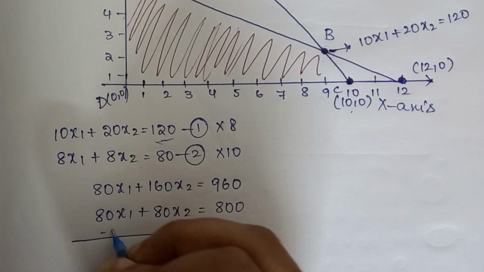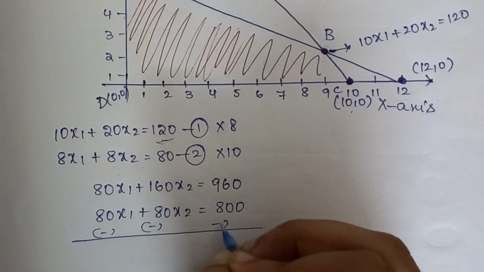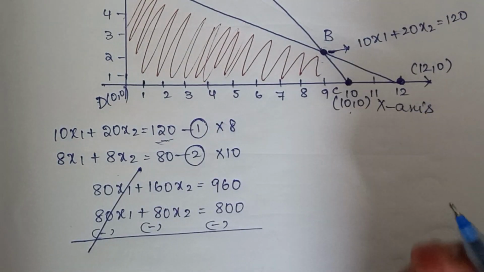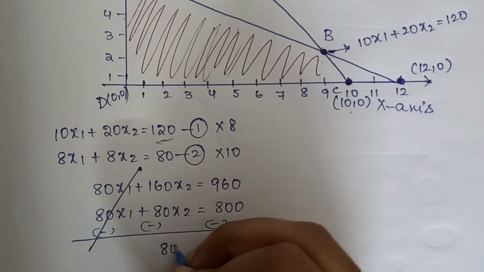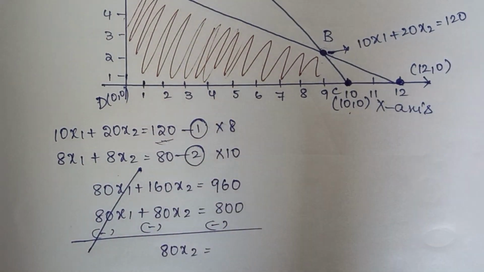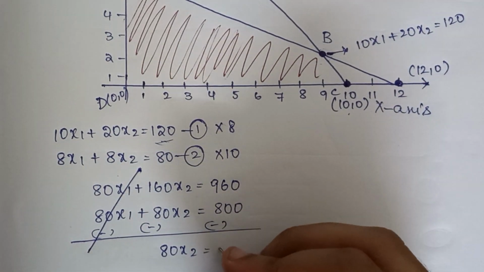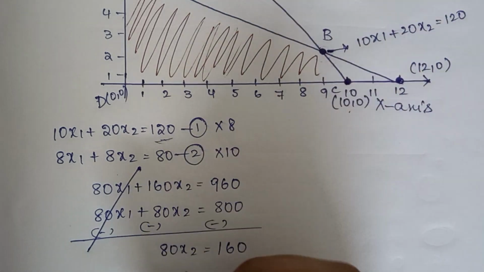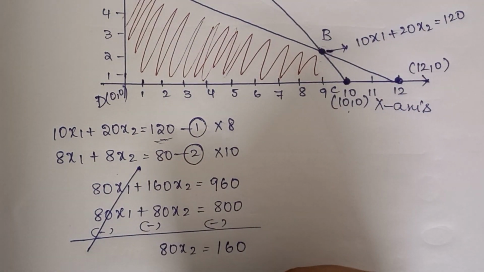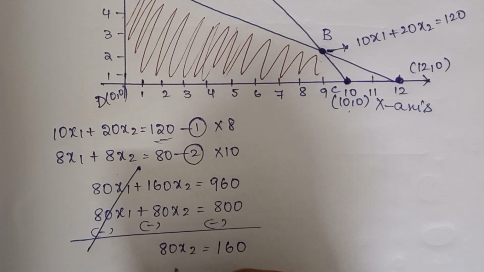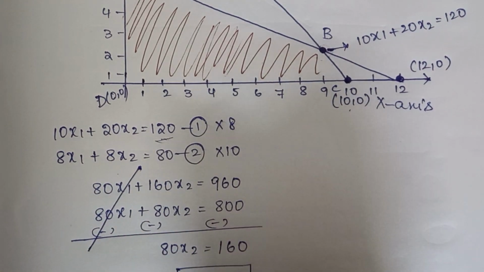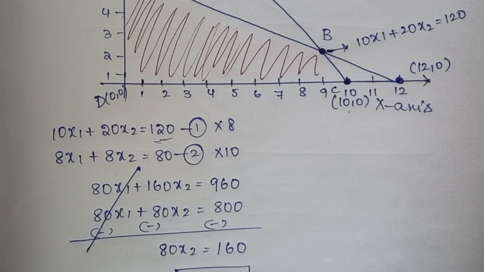Now let us solve this one. This and this will be cancelled. 80x2 is equal to 960 minus 800, 160. So x2 will be 2.